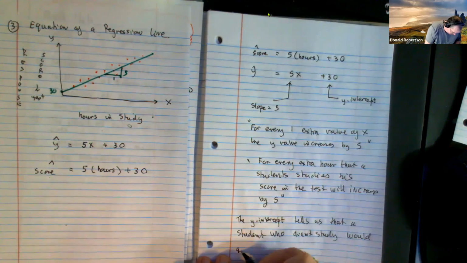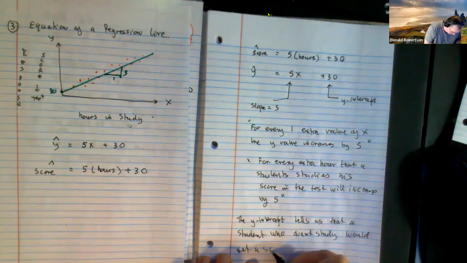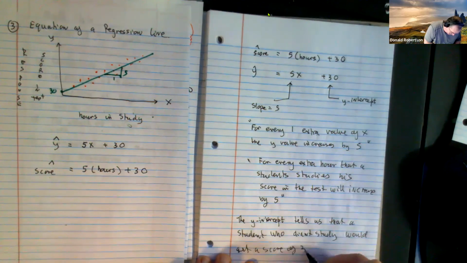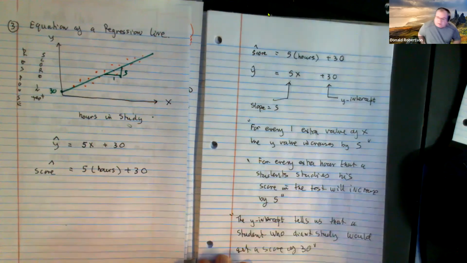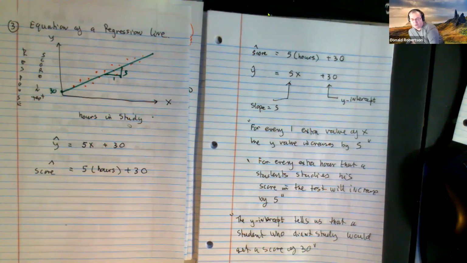So the y-intercept tells us that a student who didn't study at all would get a score of 30. So do you see that the slope and the y-intercept tell you a little bit about what this situation is about? It gives you a little clue to the connection between x and y.